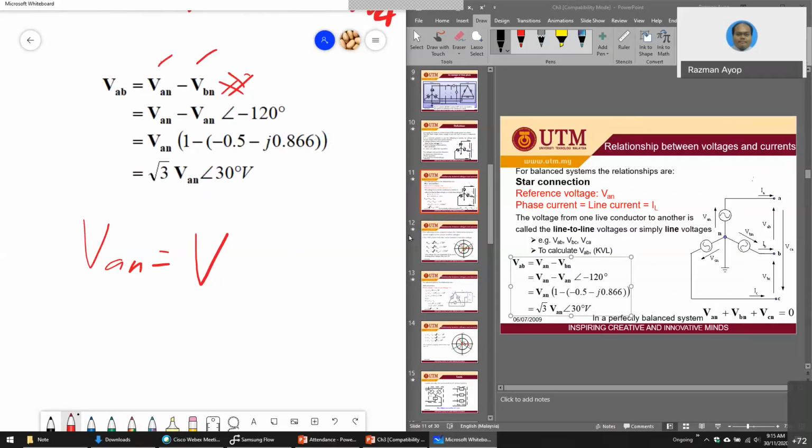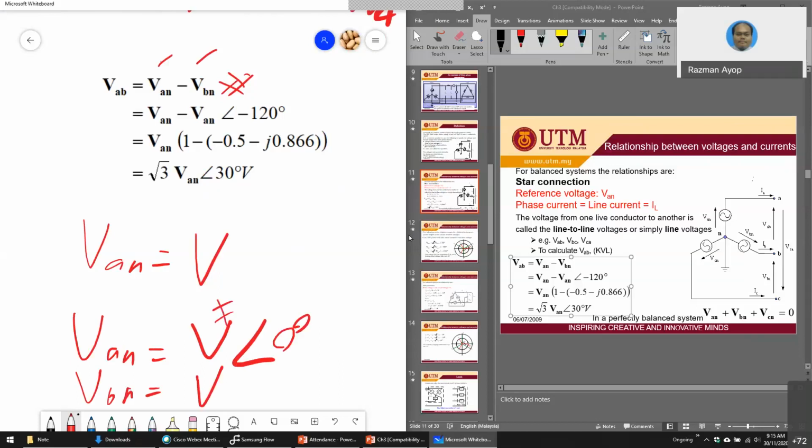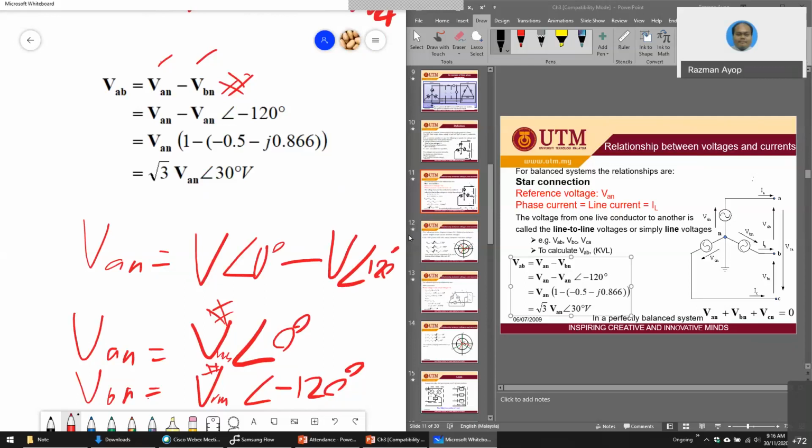So VAN is V angle 0 degrees and VBN is V, the same magnitude. You can use V or VRMS, either way is the same. For positive sequence, B needs to be negative 120 degrees. So basically V angle 0 degrees minus V angle negative 120 degrees.